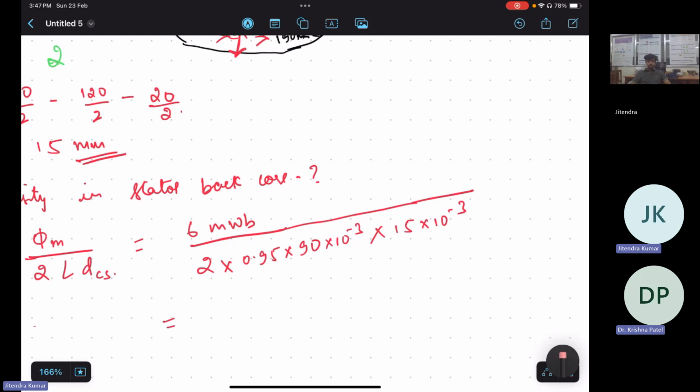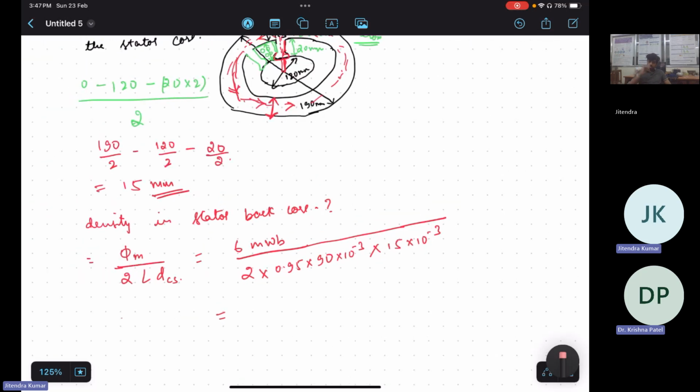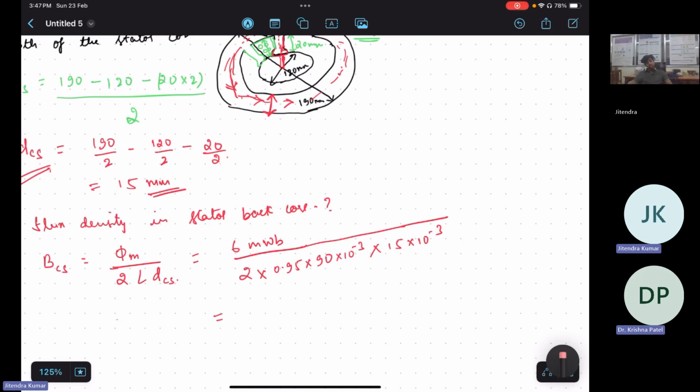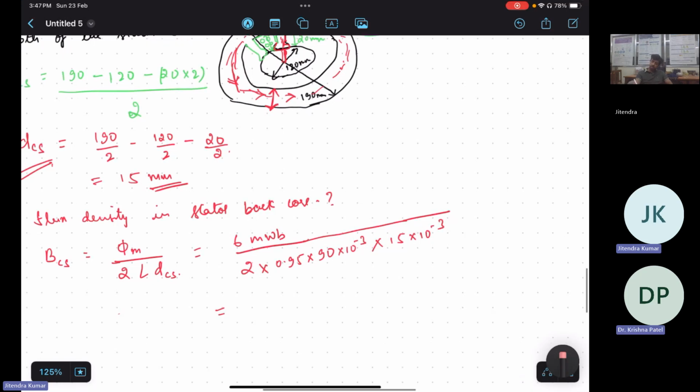Is it 6 milli or do we have to convert? If you are calculating in terms of standard units, then you have to convert. Okay, let me calculate it for you.